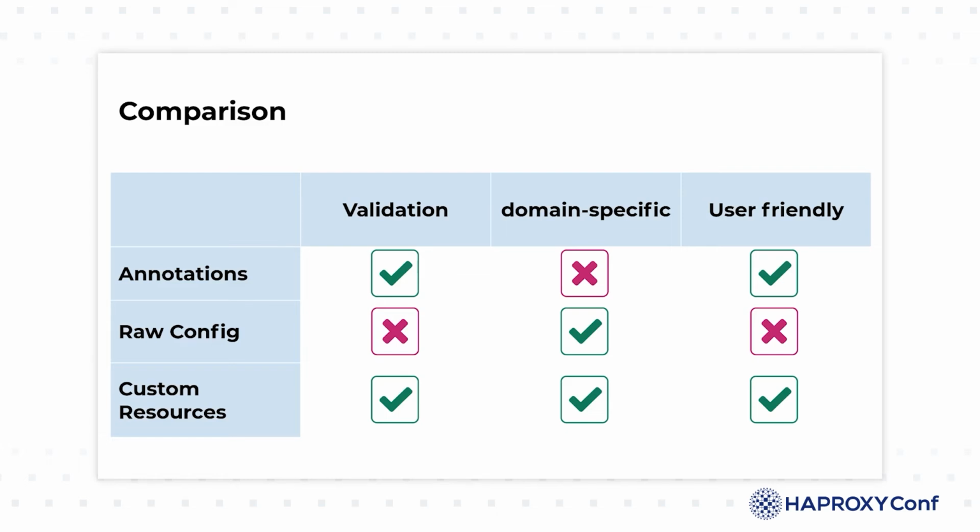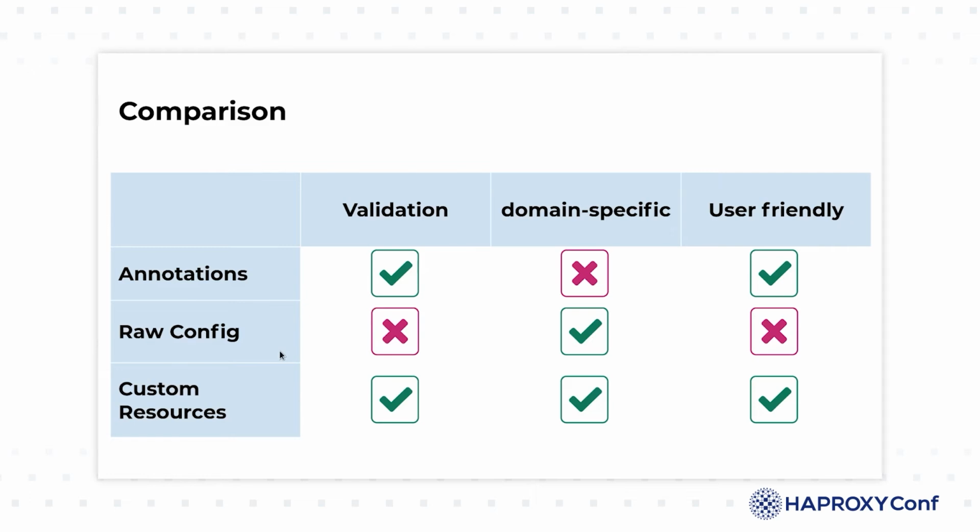It's not targeted to HAProxy configuration, which is the case for raw config type, because we can put exactly the HAProxy configuration we want, but it's not user friendly, which means you will need to think at the HAProxy level to configure your routes. So you will need to provide HAProxy directives, and also there is no validation.